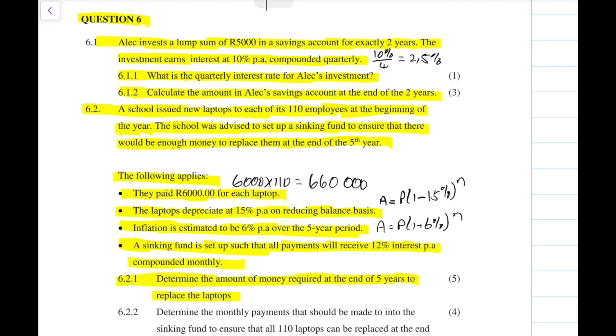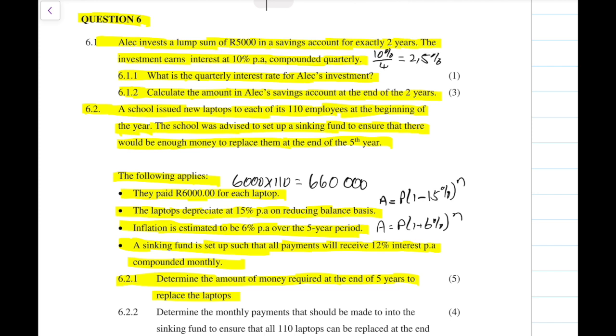Now, you need to find out how much money is actually required to replace these laptops. And this is a fantastic question. So we first have to figure out how much these laptops are going to be worth after the 5-year period. Then we've got to figure out what the new laptops will cost, and then figure out what our monthly amount needs to be.